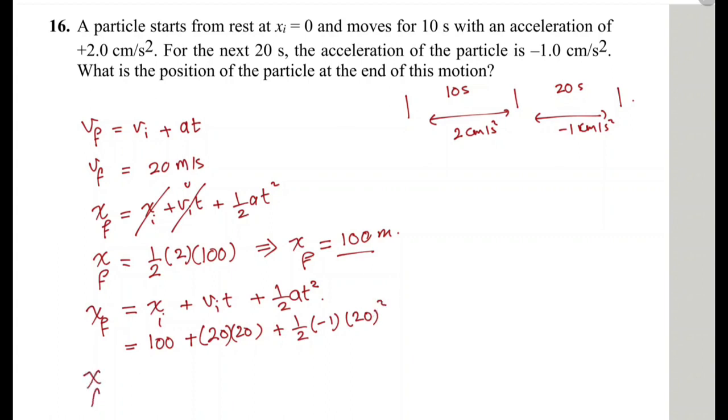After all, X final is the final position, it's equal to 100, the first position, plus 400 minus half times 400. After all, the final position equals 300 centimeters.